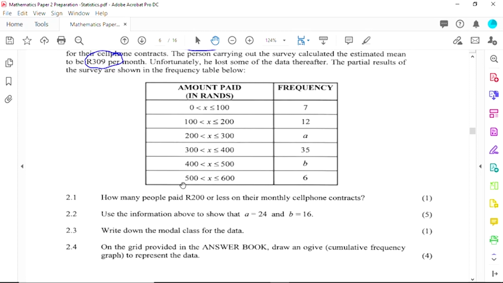So those who have paid less than 200 are 12 plus 7, which is equal to 19. So 19 people have paid less than 200. Next, use the information above to show that the value of A is 24 and the value of B is 16.